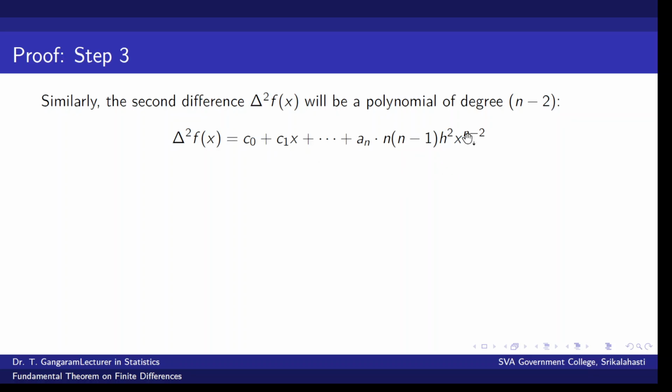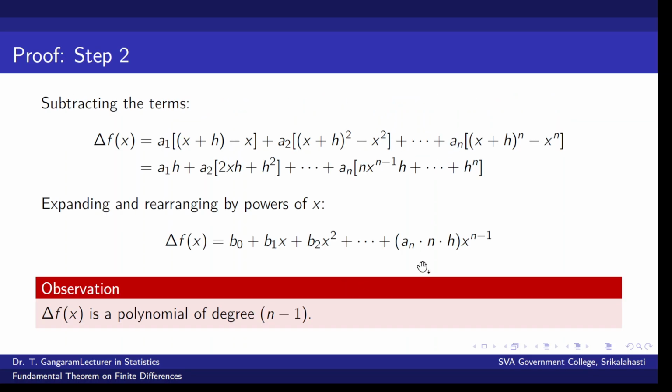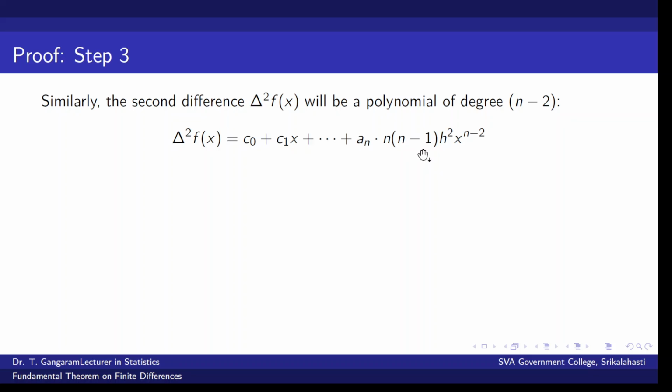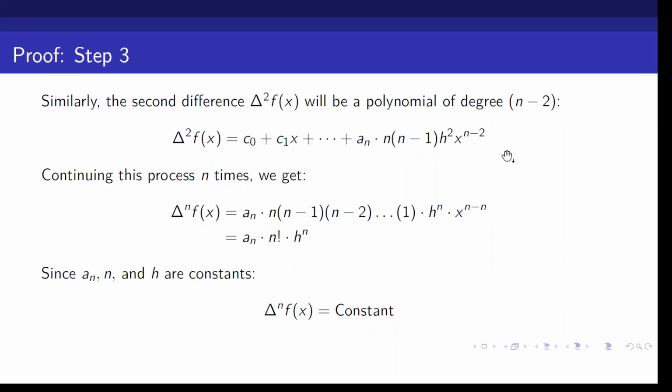Similarly, x power n minus 2 term coefficient is an into n into n minus 1 h square. Here it is n minus 1 in power term, before that n here. Similarly, for this n into n minus 1 h square into x power n minus 2.